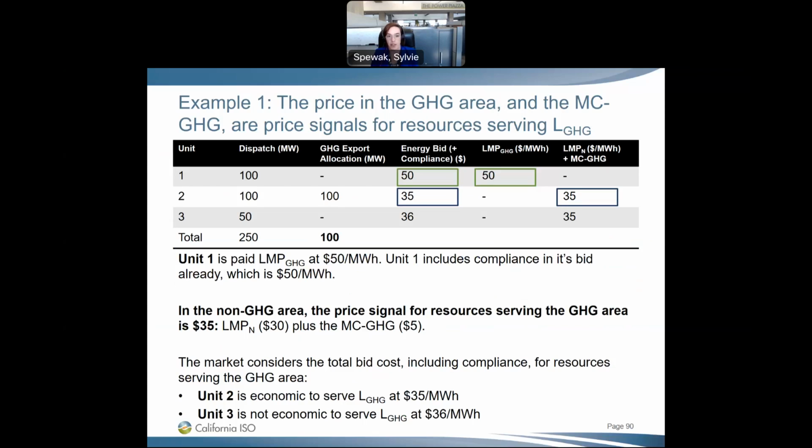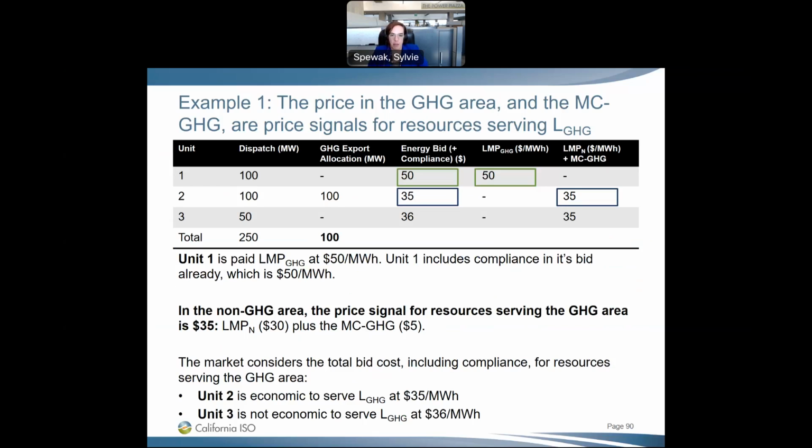Its bid price is $50 per megawatt hour, and we assume that that bid price includes its compliance costs, but so does LMP GHG, and this is an efficient price signal for this resource. And now, we do see that LMP GHG and LMPN plus the marginal cost of GHG are different numbers. And that's because we have a transmission constraint, which creates price separation between these areas. But you can think of both LMP GHG and LMPN plus the marginal cost of GHG as the relevant price signals that we want to look at here.